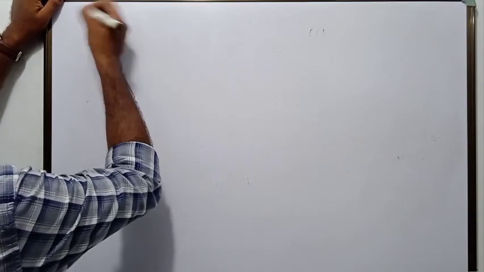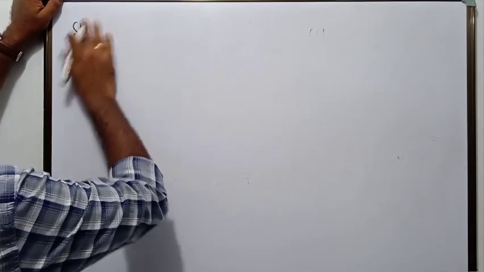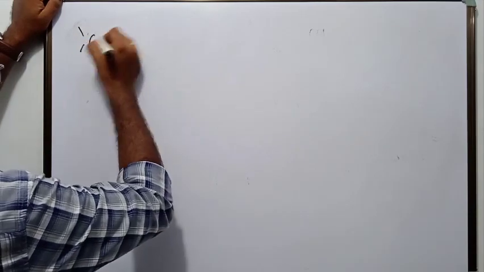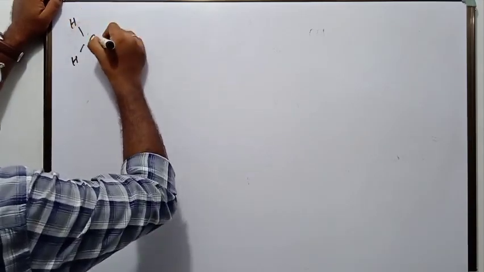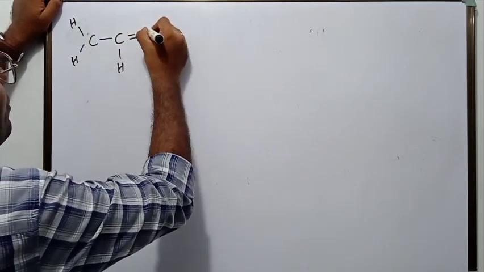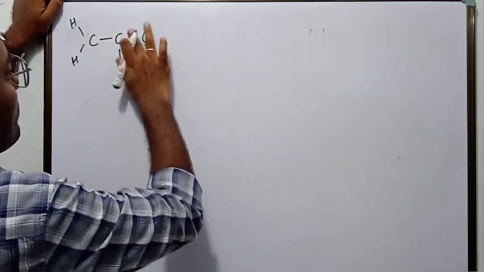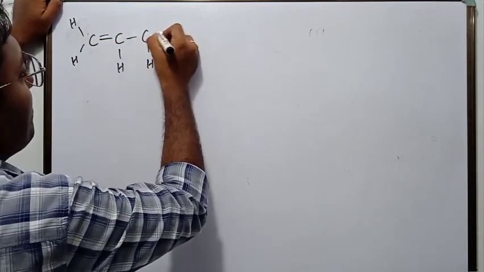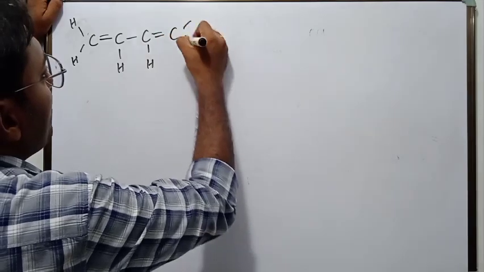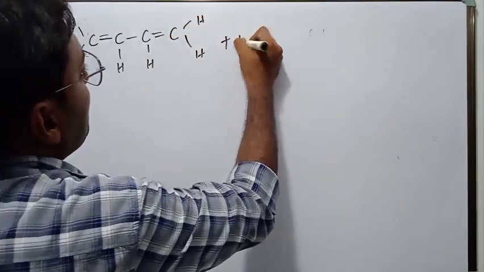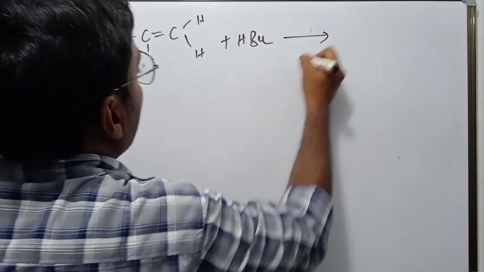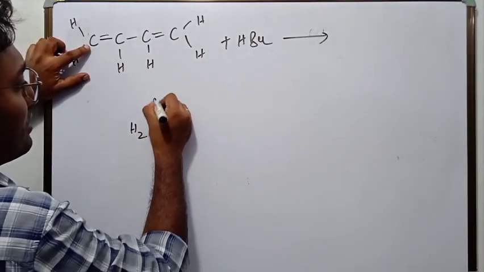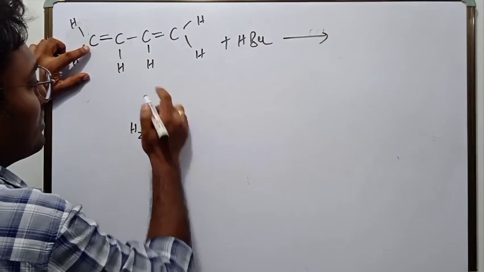So step number 1. I will write the reaction first so that you get the idea. This is your 1,3-butadiene. This is HBr. If you react them, what would happen? The first product that you get is like this.